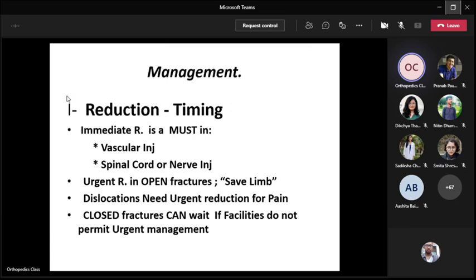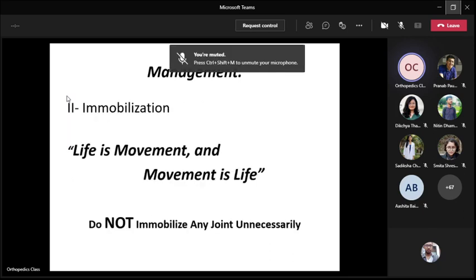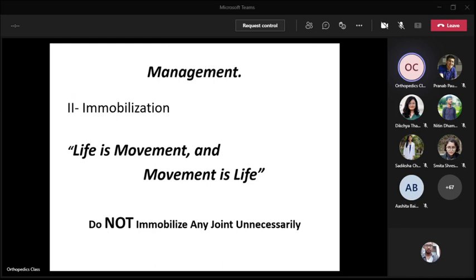Reduction timing is immediate, a must, in vascular injury, spinal cord or nerve injury, and urgent in open fractures. Dislocation is always an emergency, and closed fractures can wait if facilities do not permit urgent management. Immobilization: life is movement and movement is life. It has to be immobilized, but do not immobilize any joint unnecessarily.